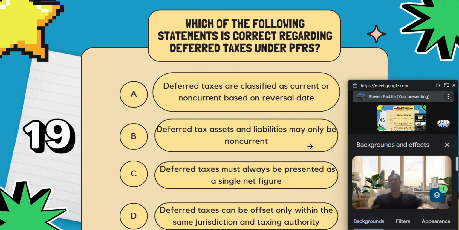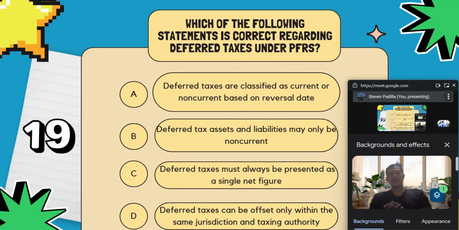Which of the following statements is correct regarding deferred taxes under PFRS? Which of the four statements is correct? Let's dive into that before we conclude which of these four is the correct answer.